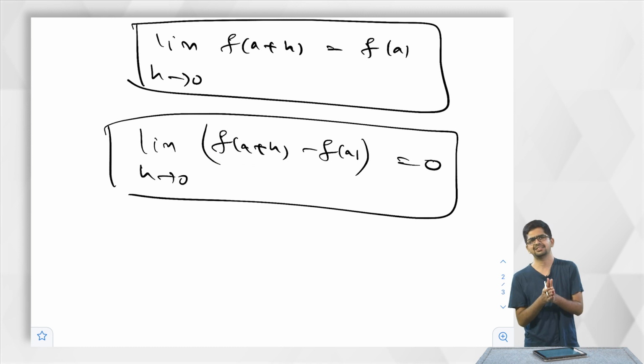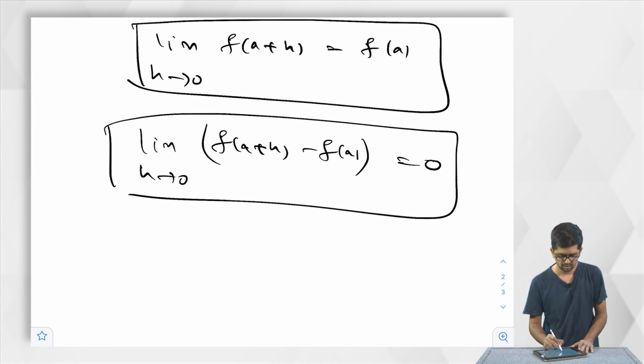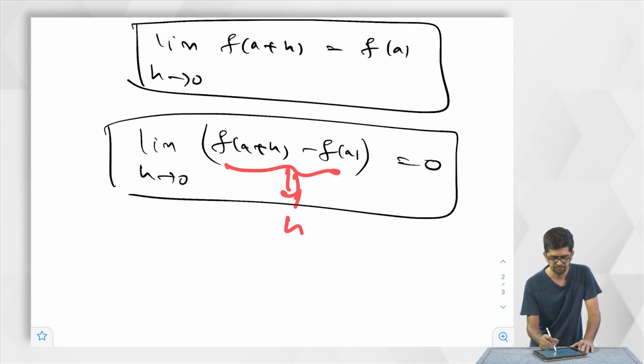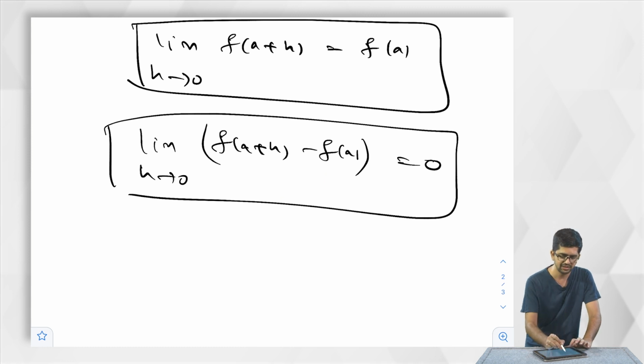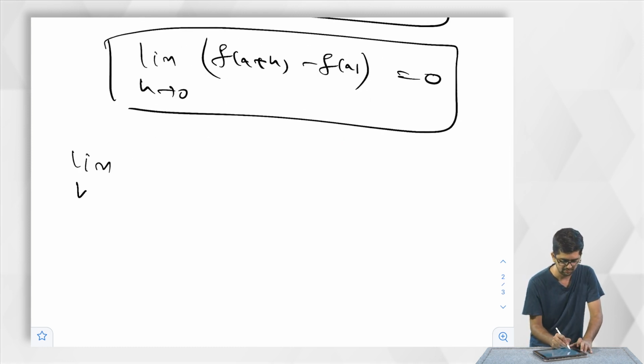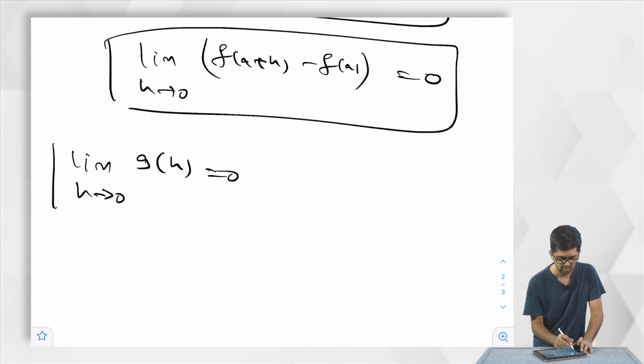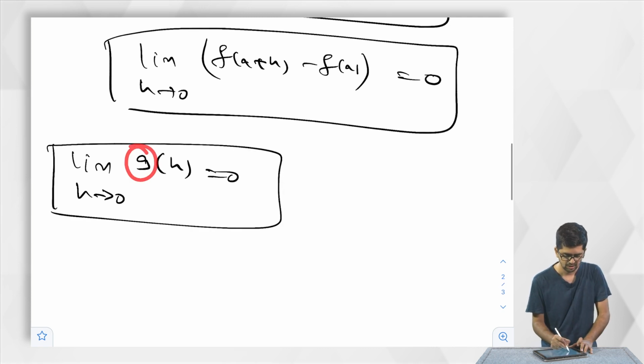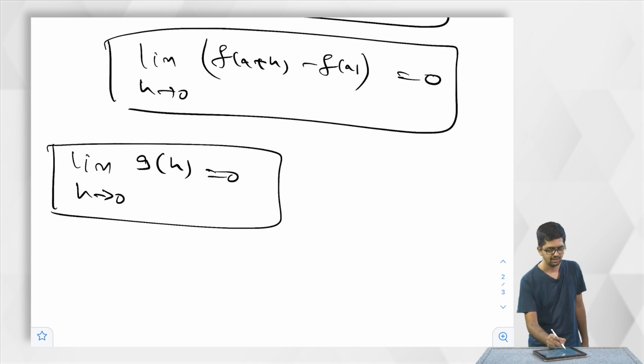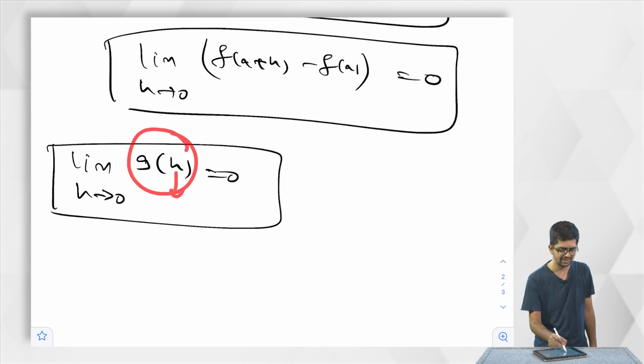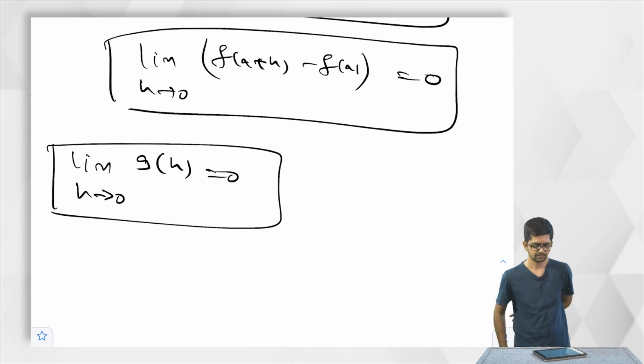Now let us think about functions whose limit is equal to 0 as the variable goes to 0. So this is a function of h now. We are looking at functions g for which the limit as h goes to 0 of g of h is equal to 0.